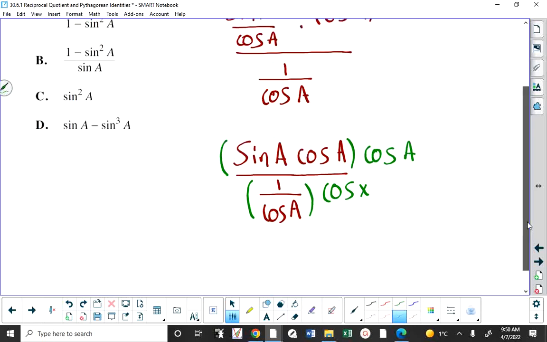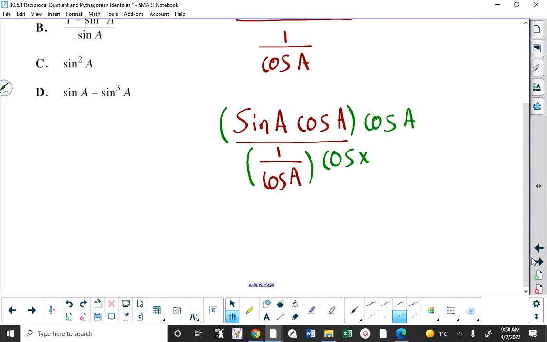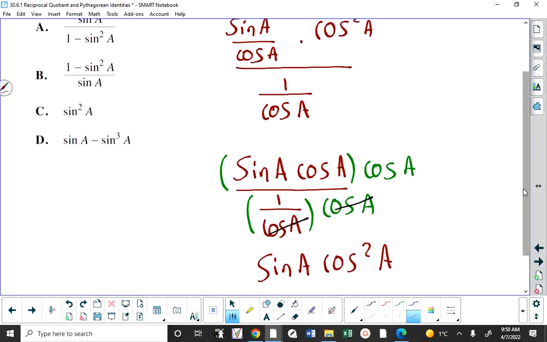And you're very confident in everything you've done. The cosine of A cancels with the cosine of A, and you're left with sine of A times cosine squared of A. And you look up dejectedly at the four choices and see that it's not there. Okay. So this is where, first of all, what I've said earlier becomes important, that there are many ways for you to disguise a trigonometric expression, right?